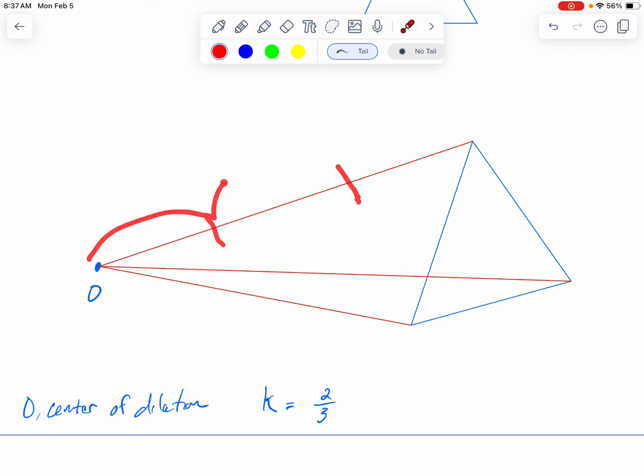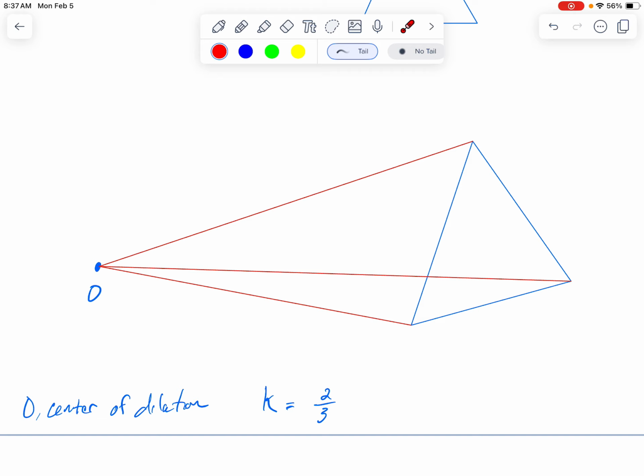So that would be 1/3, 2/3. So this original coordinate is going to end up somewhere in here. This one is going to end up somewhere in here. And this one is probably somewhere in here. This is just a ballpark. Before I even do any calculations, I should know that it's going to look something like this. Okay, 2/3 of the original size.